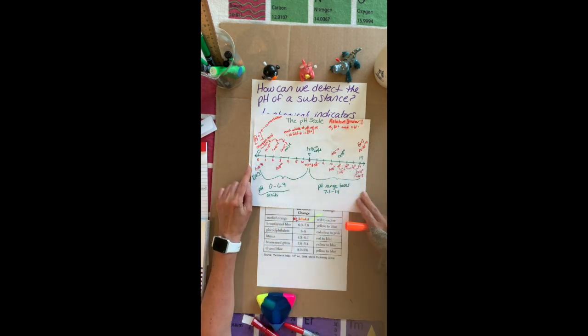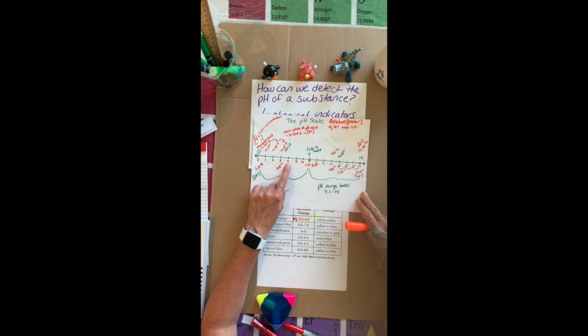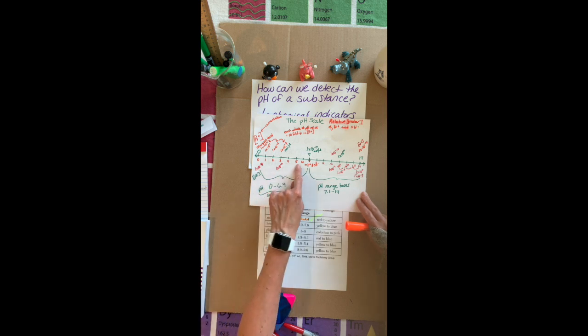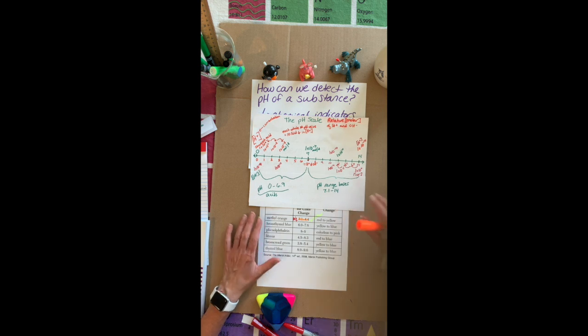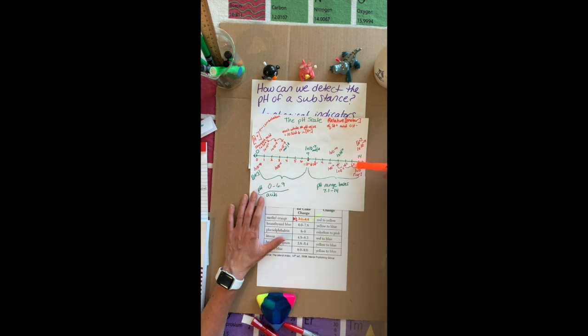So if I place methyl orange in a pretty strong acid that is below 3.1, methyl orange will appear red. If I place methyl orange in a pH of 4.0, it will appear orangey. And any substance above a pH of 4.4, it will turn yellow.